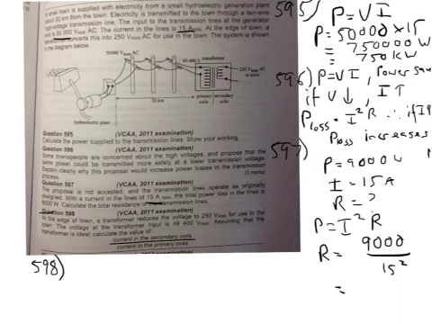Again, putting that into a calculator, we are going to get a value of resistance as 40 ohms. Now in these questions, you always need to be careful that we have the correct units for our formula. So standard units for power are watts, and the standard units for current is amps, which gives us ohms as our resistance.